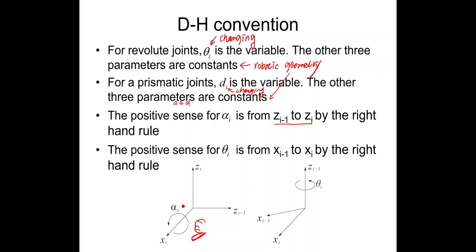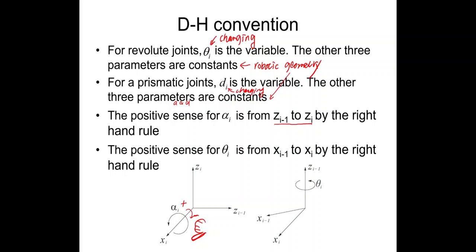This is positive. So if we use the right-hand rule and we already know that this direction is positive, once it points to this direction, it's going to be negative.